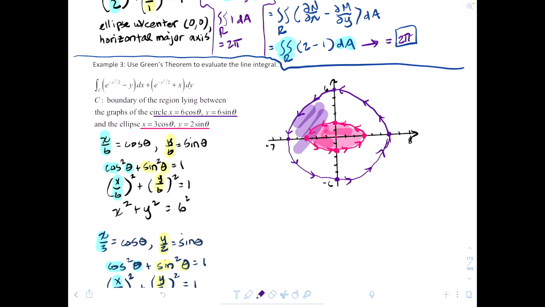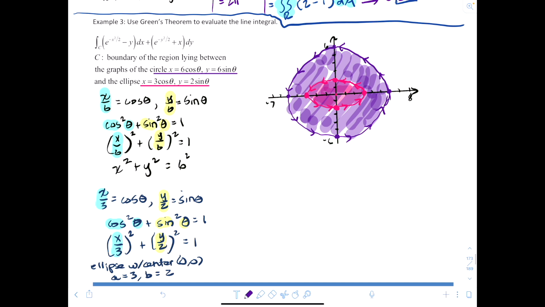We can find the area of the circle. And so we are going to basically use Green's theorem 2 separate times in order to find this. So let's check it out.